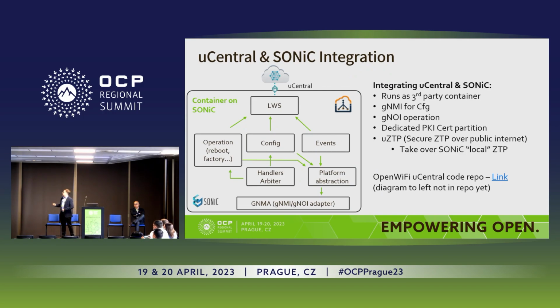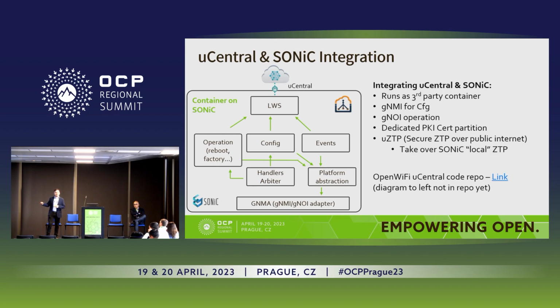As we said, the main integration point for this uCentral client is the gNMI interface from SONiC. On top of it, we have the platform abstraction that abstracts the configuration from the full snapshot of the config requested from the cloud and translates it to the transactions required by gNMI, gNOI.